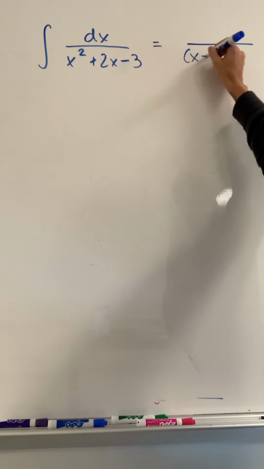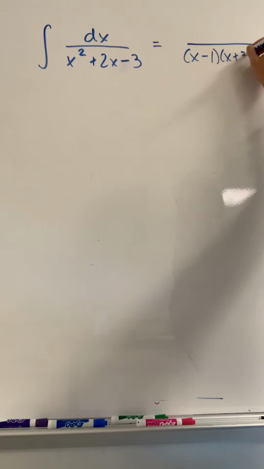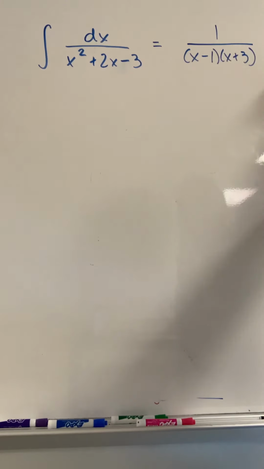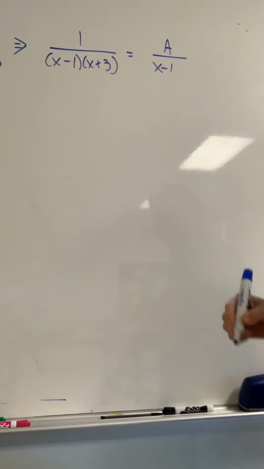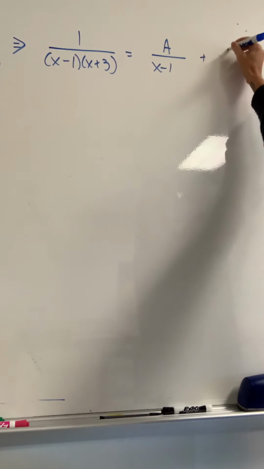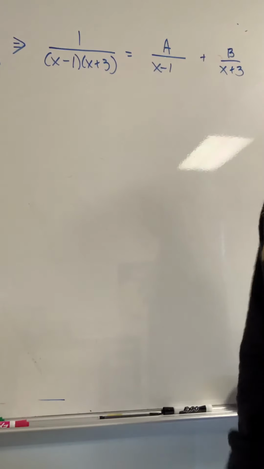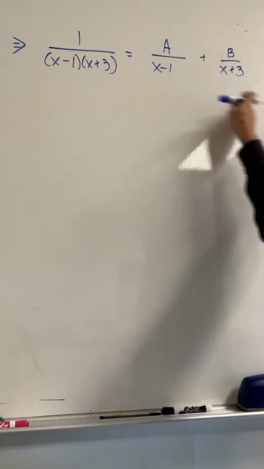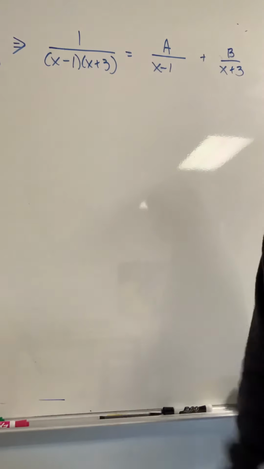So this is going to be x minus 1, x plus 3, over 1, and I want to figure out what number do I put over x minus 1, and what number do I put over x plus 3? This is the algebra I'm trying to work out, so I can go back and replace the original with the new way of writing it.